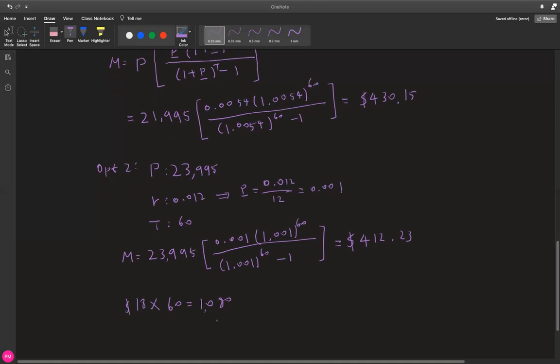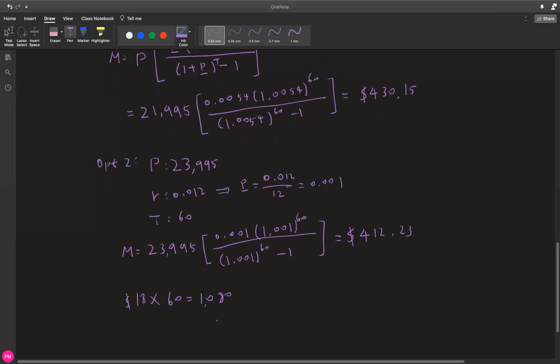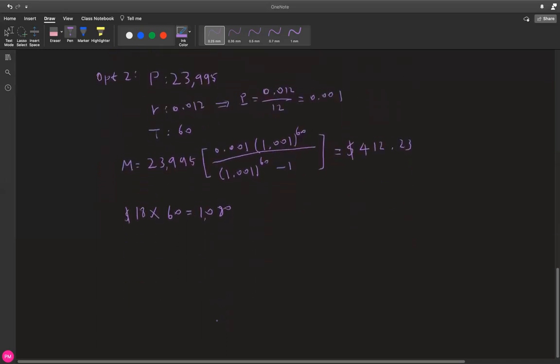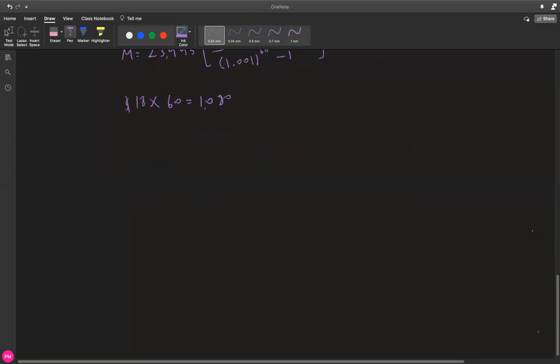So let's now look at another example. Another scenario where you would use this type of loan payment is the mortgage. Oftentimes, some people would prefer to buy the car outright without having to take out a loan. But when it comes to houses, that's not always the case.